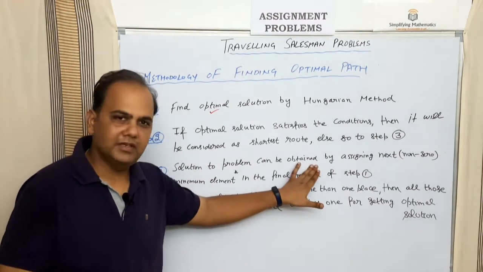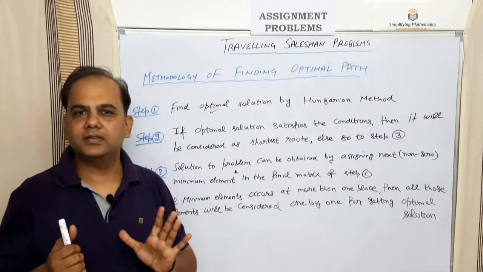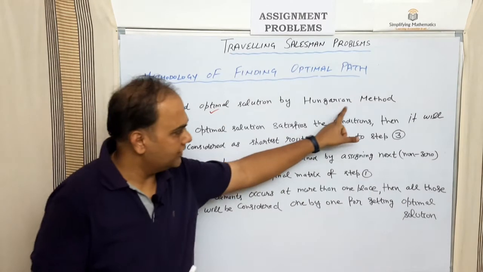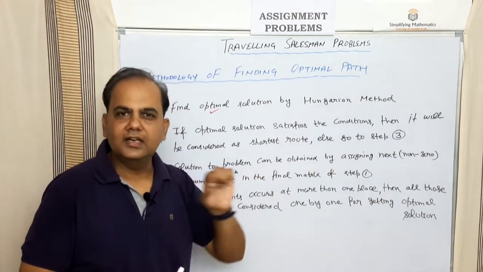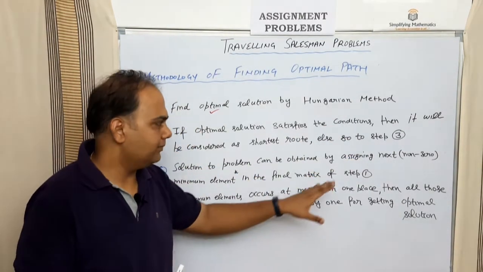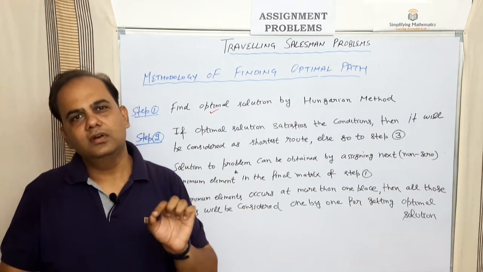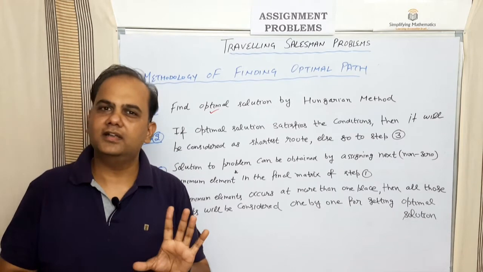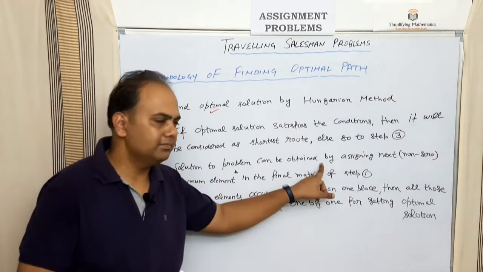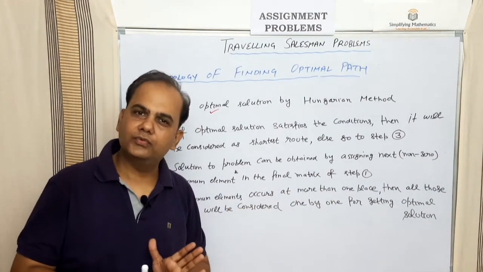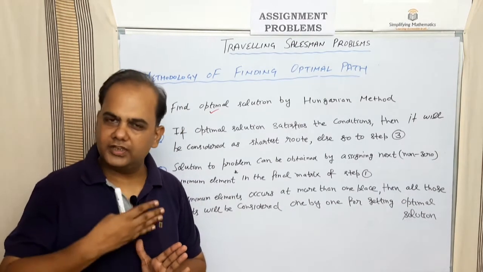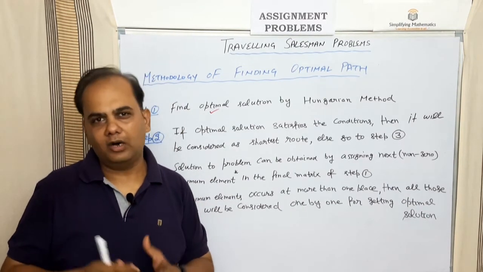By assigning that minimum element, are you getting the required path which satisfies these conditions? If you are getting the path by assigning the next minimum element, then that will be your optimal path. If you are not getting that optimal path by assigning this minimum element, then you have to move towards the next minimum element. You should keep on moving till you get the optimal path.